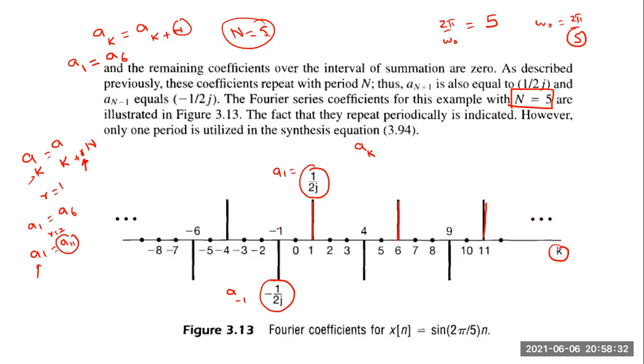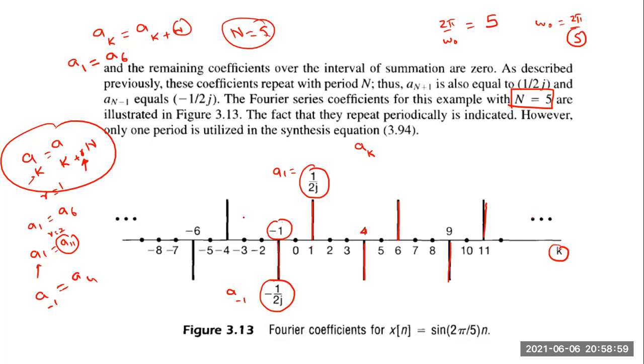Similarly, you can see a minus 1. When will a minus 1 repeat itself? Based on this equation, a minus 1 will be equal to a minus 1 plus 5 for r equal to 1, so it becomes equal to a4. So you can see this particular coefficient is repeating itself at 4, and then it is repeating at 9.